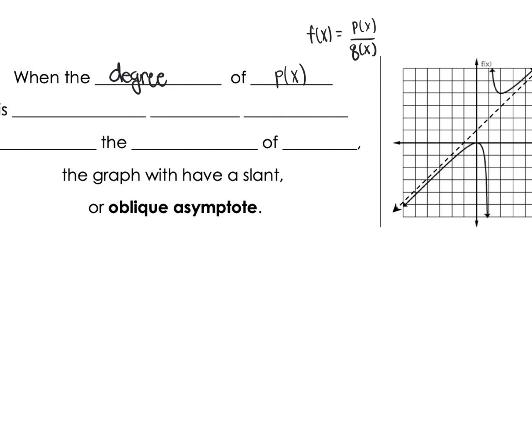So when the degree of p of x is exactly 1 more than the degree of q of x, the graph will have a slant asymptote or an oblique asymptote, which is this right here.